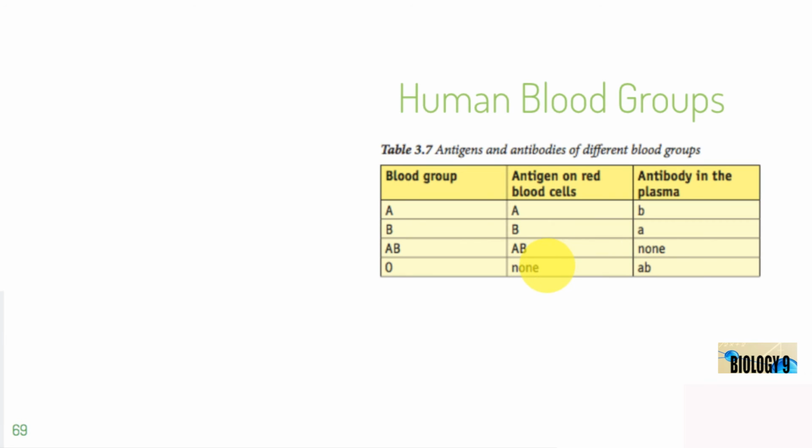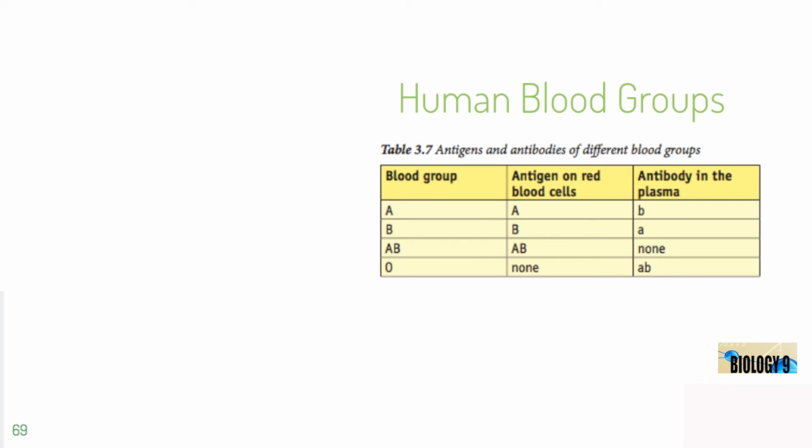So someone with group AB, which has no antibodies, can receive any type of blood. Okay, so this is no antibodies, no antigens. So AB, they can receive any type of blood because there's no antibody in the plasma. Someone with group O, because the antigen is on the red blood cells, they don't have one. They can only receive O blood.